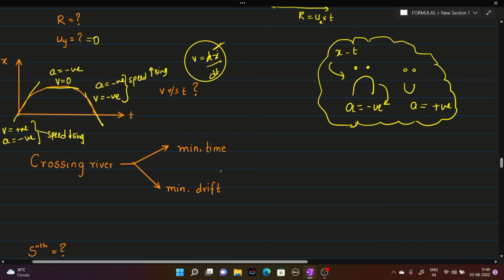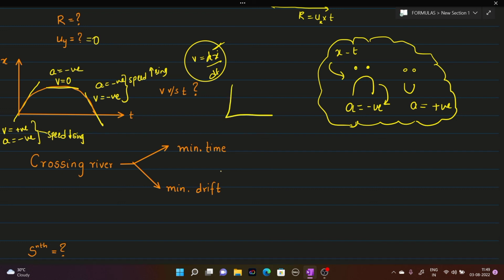First we will draw the velocity-time graph, then I'll show how the speed-time graph can be drawn out of it. This is velocity and this is time. First velocity is positive, it becomes 0 over here, then it becomes negative. Second is the speed-time graph, we'll draw it over here itself.